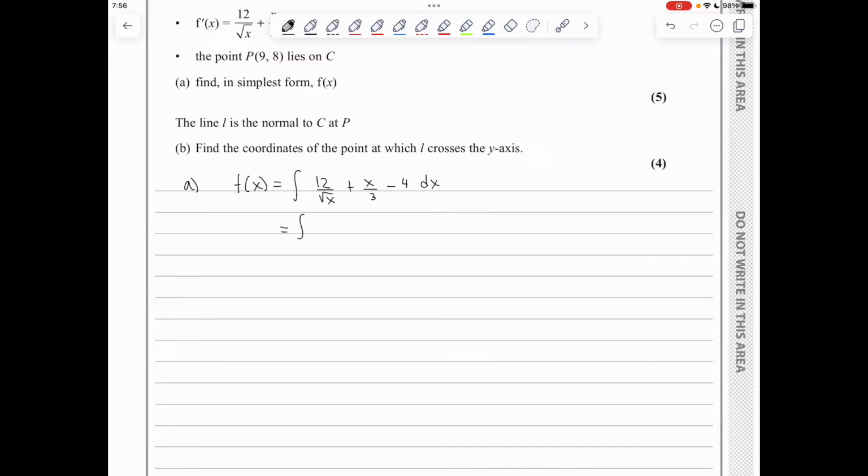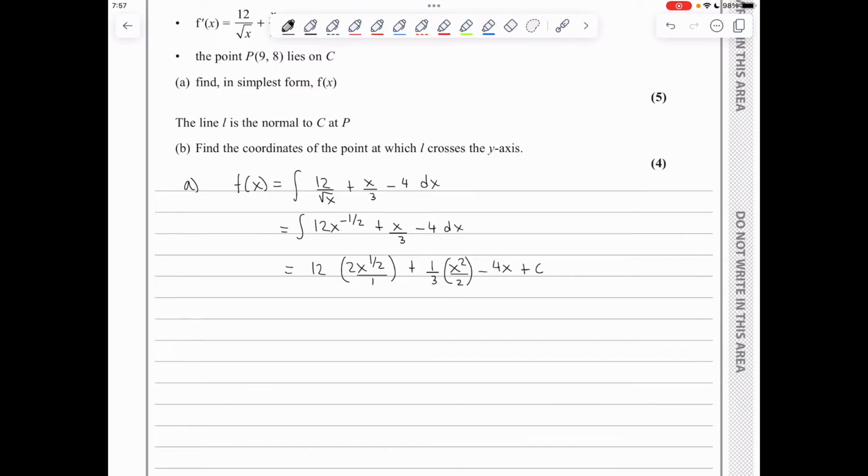So it's going to be the integral of 12x to the minus a half plus x over 3 minus 4 dx. Well, we know that in integration, we increase the power by 1 and divide by the new power. So it's going to be 12 times x to the half over a half, plus a third times x squared over 2, minus 4x plus c.